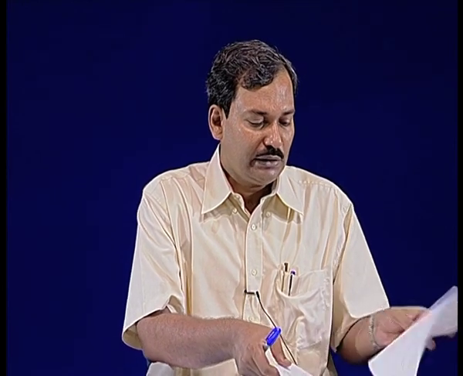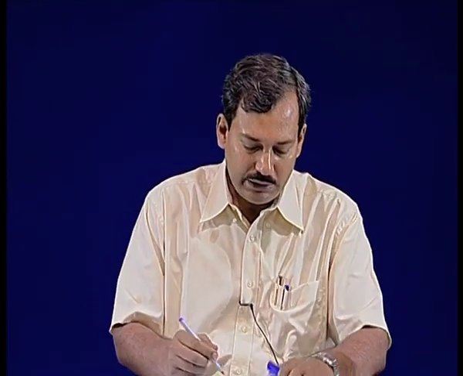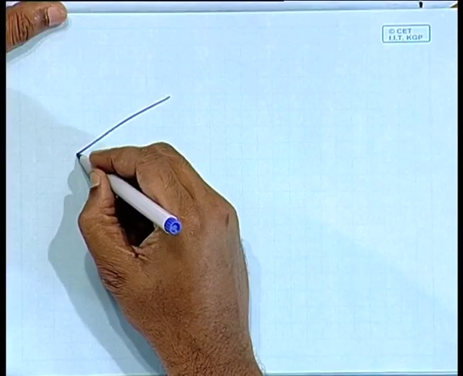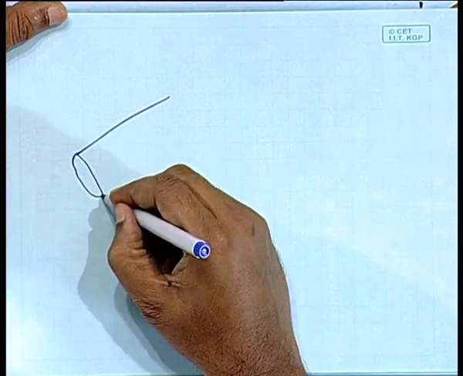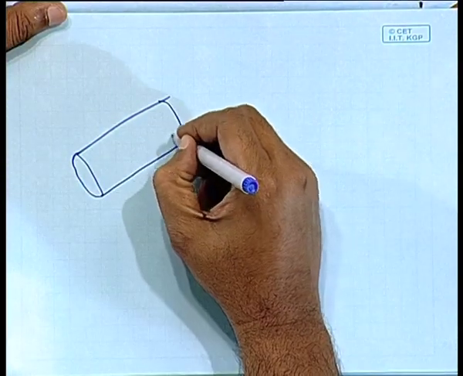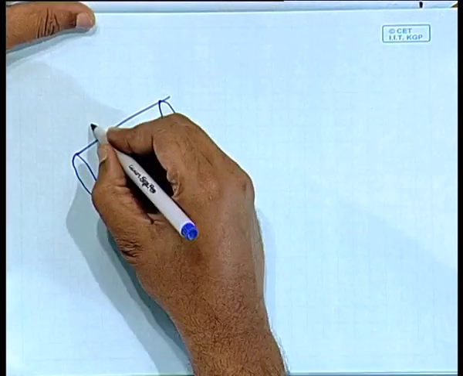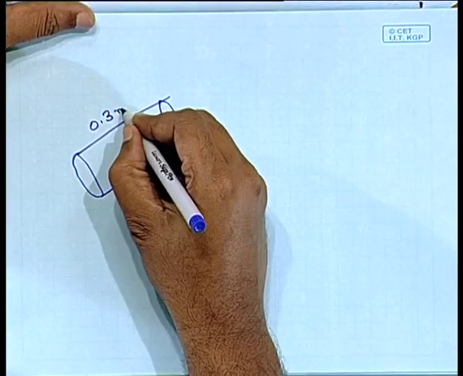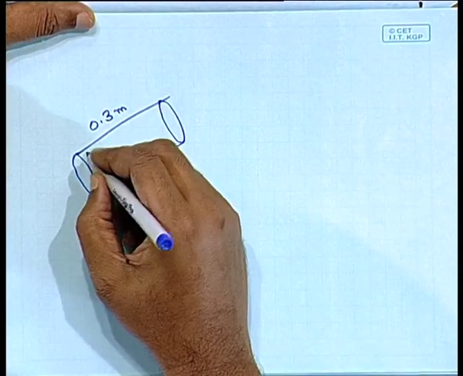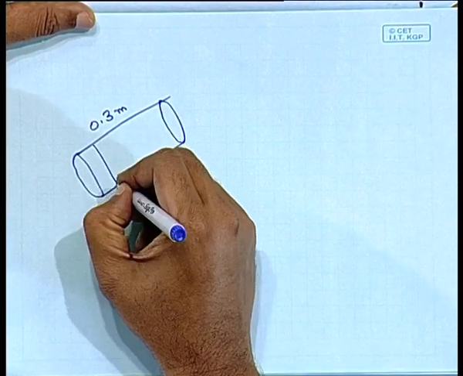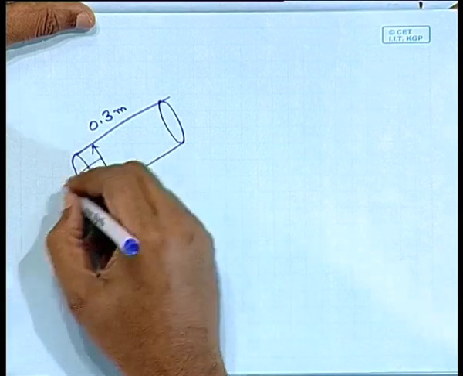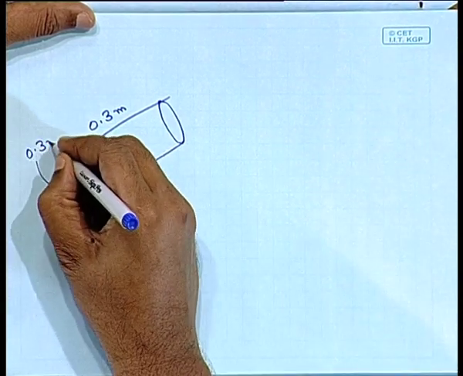The first problem that we are going to deal with is, let's say we have a cylinder like this. It's a furnace, and this furnace is 0.3 meter long and the diameter is also the same, 0.3 meter.